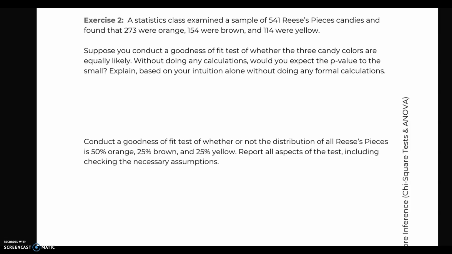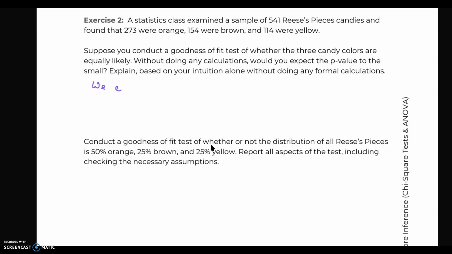So certainly we would expect statistically significant results over here, showing that there is a difference between these colors. Whenever we get statistically significant results, we end up with a small p-value. And so that's what we would expect over here.